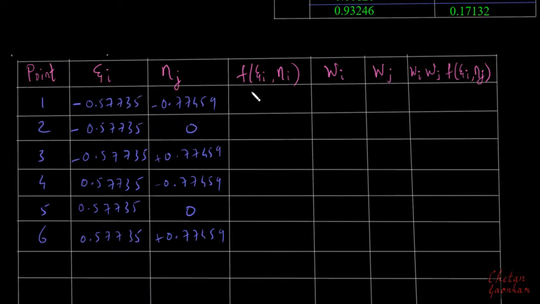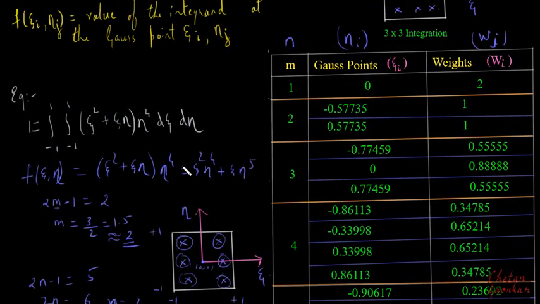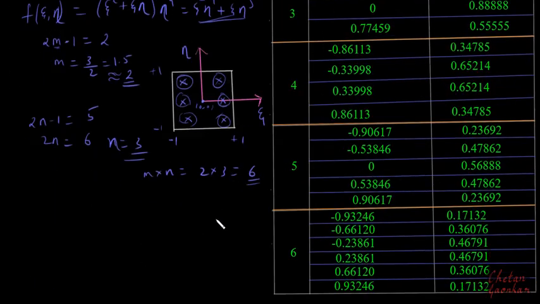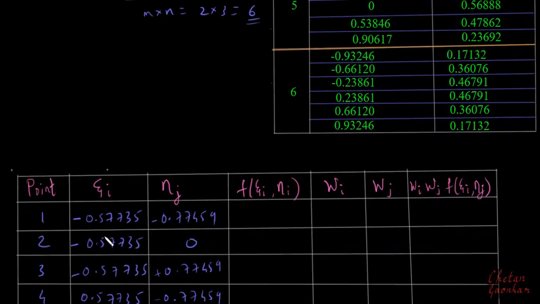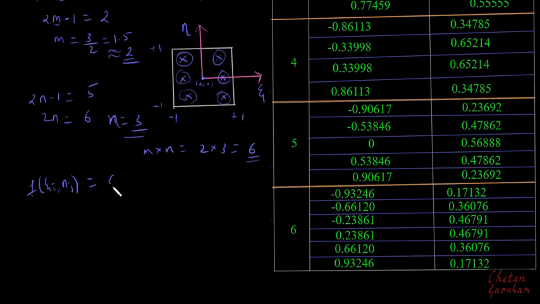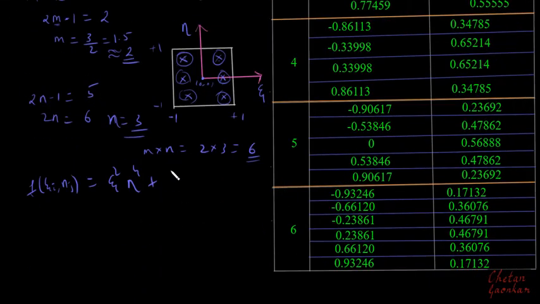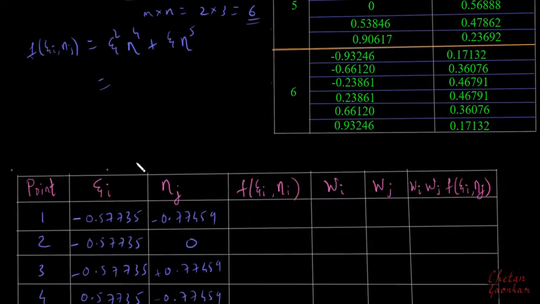Now this table is nothing but I need to evaluate this given function at these particular combinations of xi i and eta j. So for example, f of xi i and eta j is this function, that is xi squared eta raised to 4 plus xi eta raised to 5. In order to fill this, I will have to use the xi value as this and eta value as this.